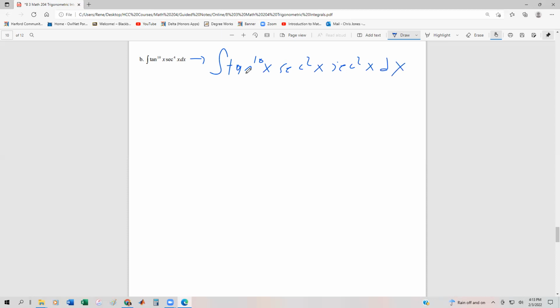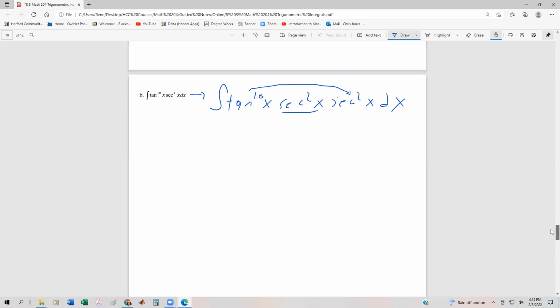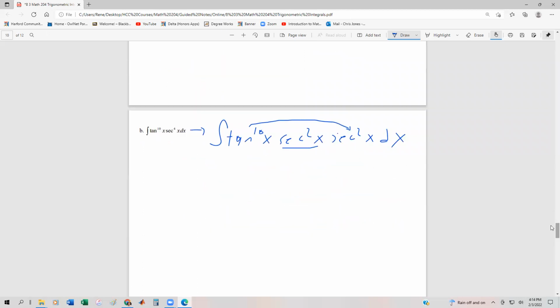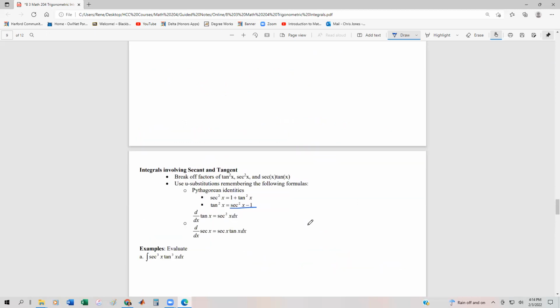Now we can use the Pythagorean identity on one of those two secant squares, and we know that the derivative of tangent is secant square. So we go back up, we look at our identity, and we know that secant square is 1 plus tangent square.